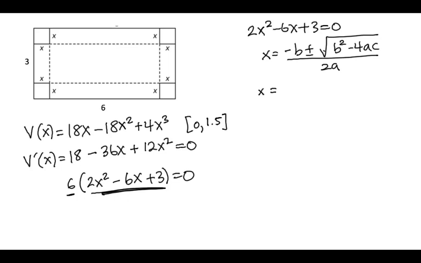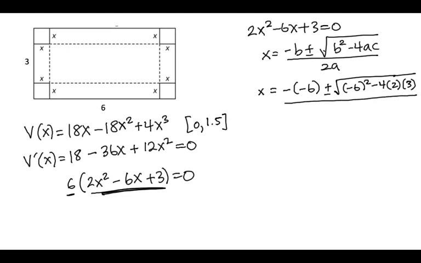So x equals negative b, for us that's negative 6, plus or minus the square root of b squared minus 4ac, all of that over 2 times a. All right, so those are our critical numbers. We're going to get 2 times 2, which is 4, down here.